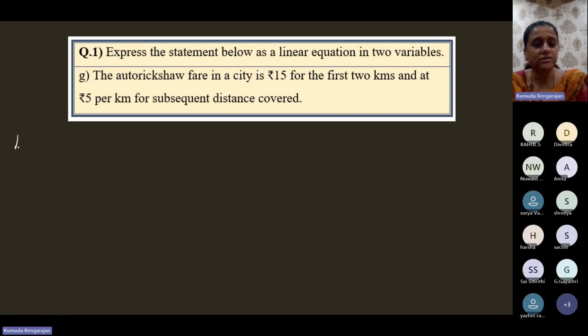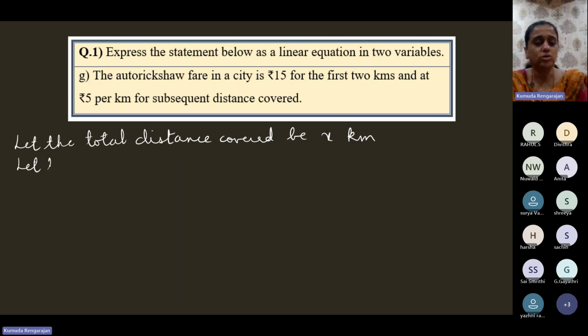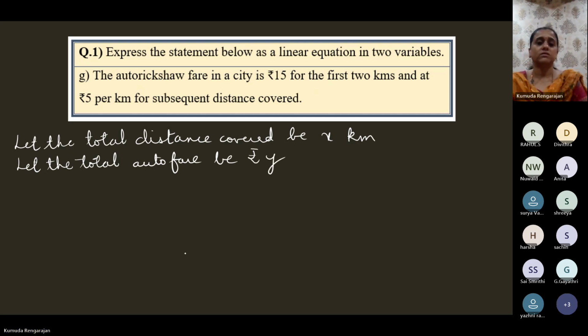So let the total distance covered be X kilometers. Let the total auto fare be rupees Y. Because if you read the information, the total distance covered is not given.